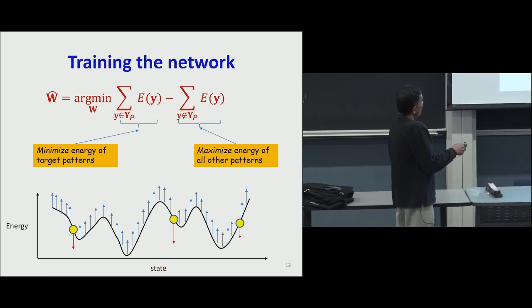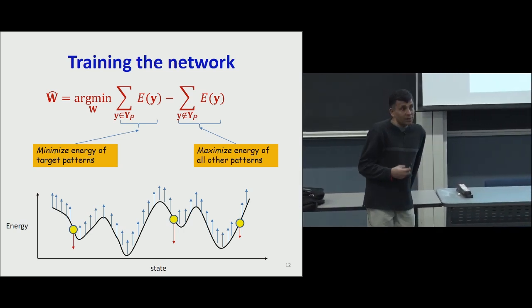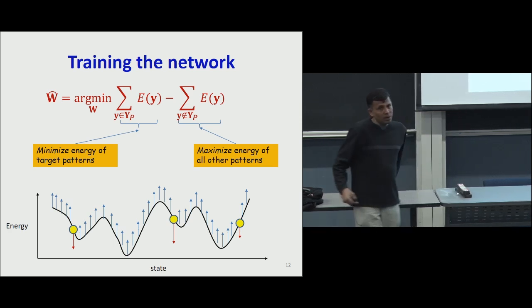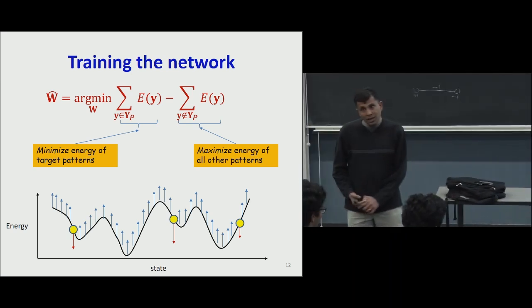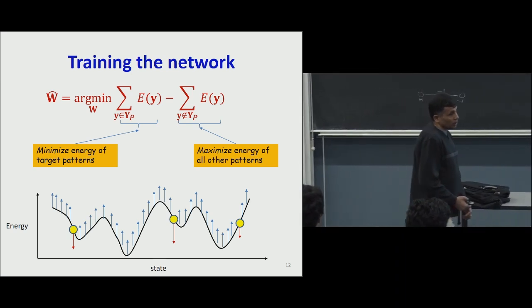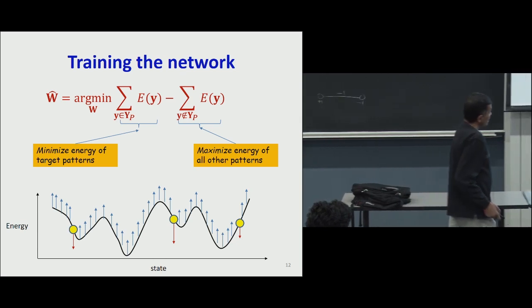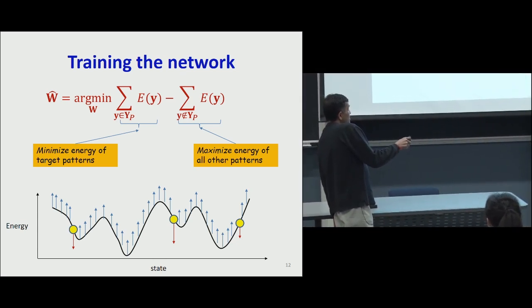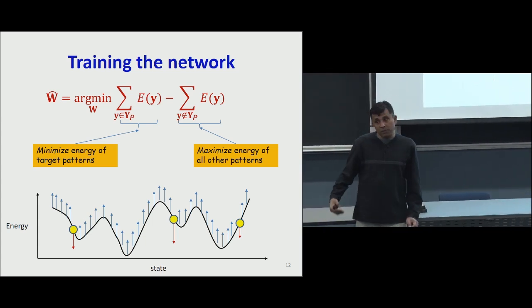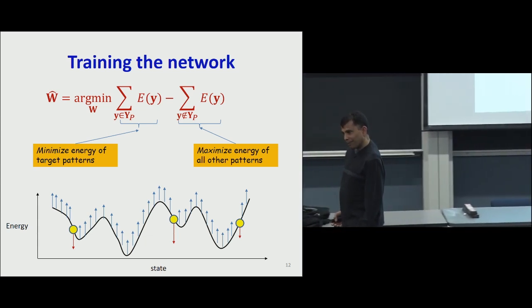You can define the total energy of all the patterns that you're trying to store, and this can actually be a weighted sum where you assign greater importance to patterns that are more important to remember, and lesser weight to patterns that are less important to remember, and you want to minimize this. At the same time, you want to maximize the energy of every pattern that's not really a target pattern.